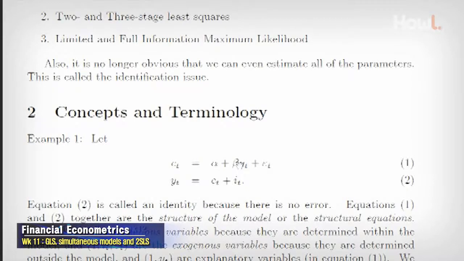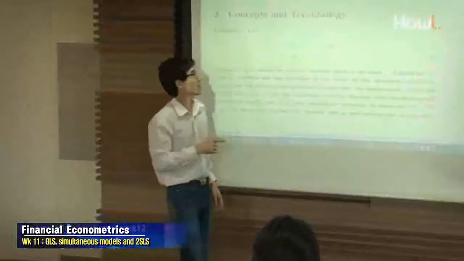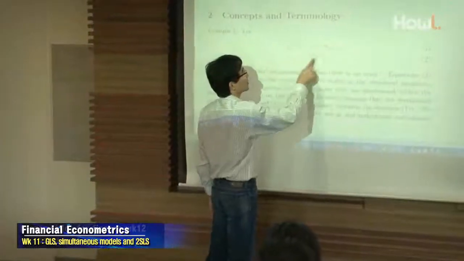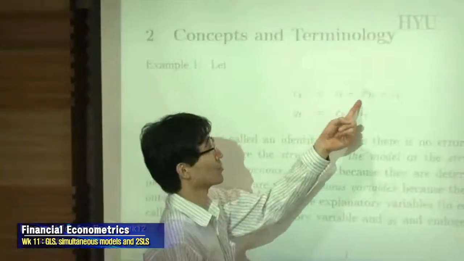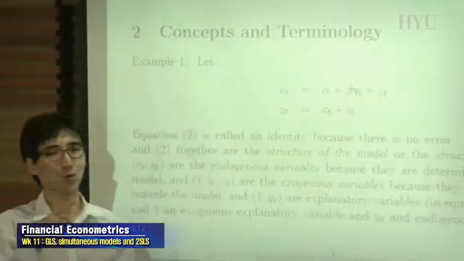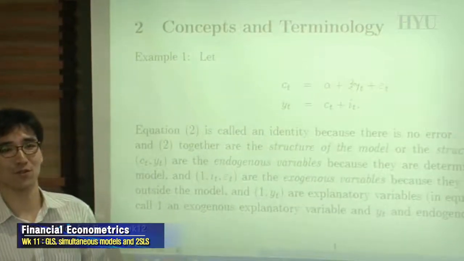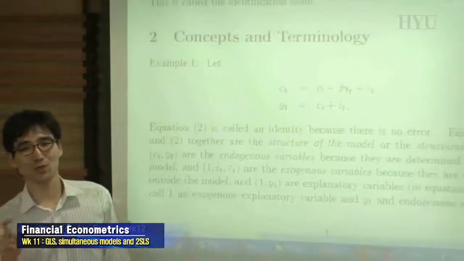If we just ignore this and run the regression of this, basically we are ignoring the interaction effect, right? So y affects c and c affects y. If we simply run the regression, then this beta will include all these interaction effects. But we don't want to estimate the interaction effects.